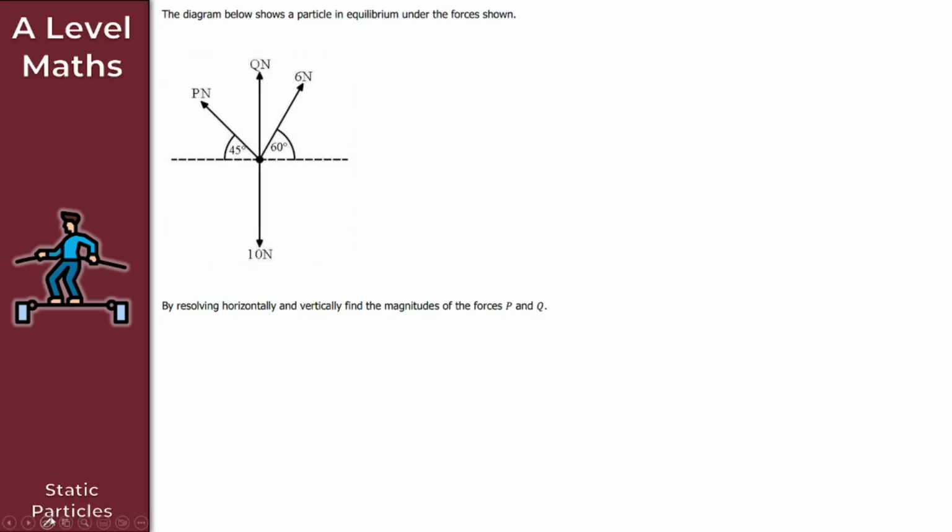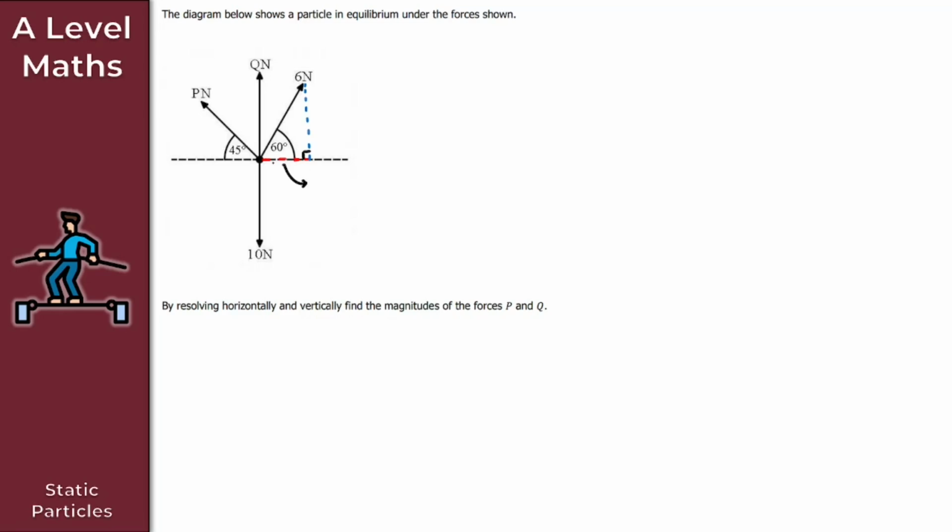To do that, let's use a different color. For the horizontal components, let's do this in red, and for the vertical components, let's do this in blue. Altogether, we'll get something that looks like this. What this forms is a right angle triangle, so we can use basic trigonometry.